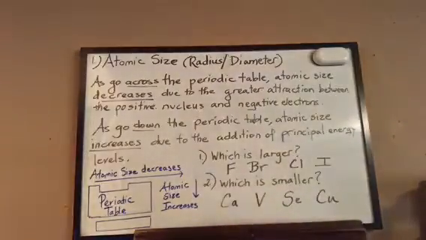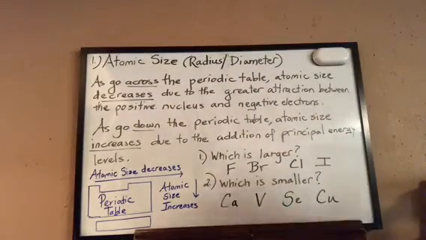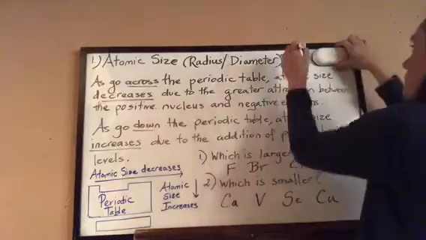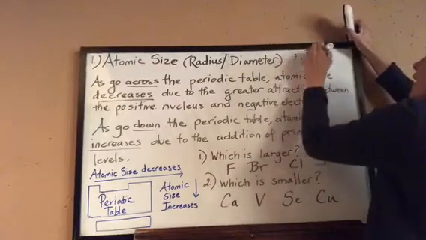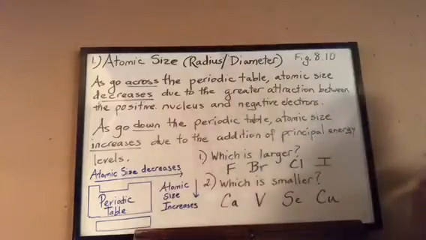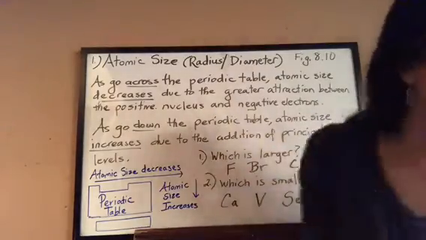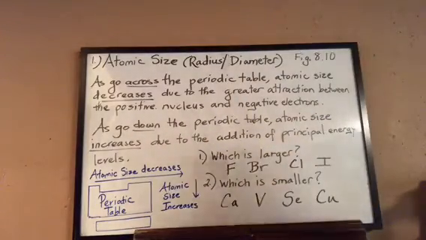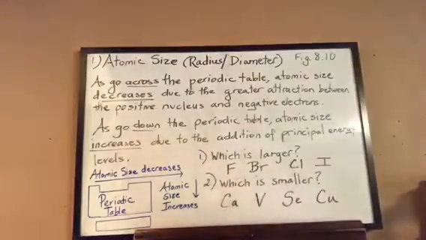You have a chart in your textbook, figure 8.10, which illustrates this trend, showing you actual values. Let me just hold it up to the camera so you can see that, showing the same thing that I have summarized in the corner of the whiteboard here.